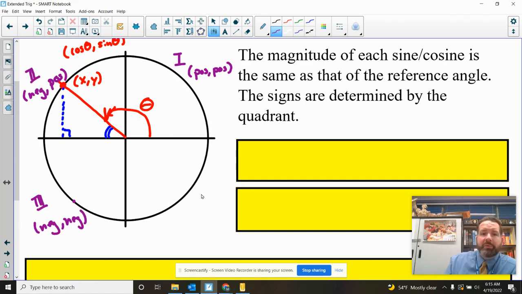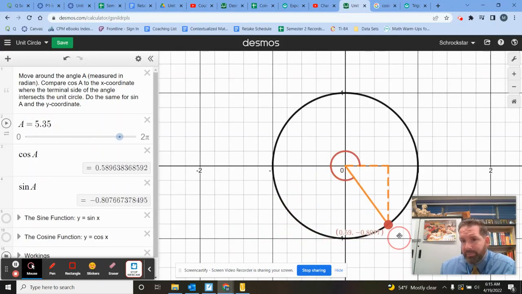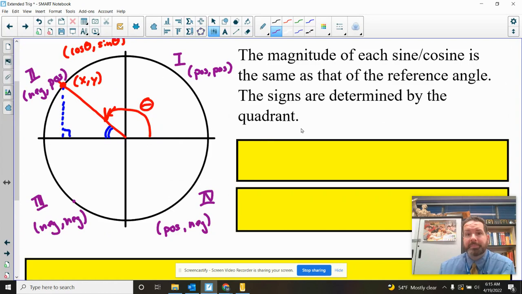And then lastly, in quadrant 4, put a point over here. It's to the right of the origin, so the x's, the cosine of that angle will be a positive number. The y's, the sine of that angle will be a negative number. And as we look at our unit circle, put an angle in quadrant 4, and sure enough, the cosine is something positive and the sine is something negative.